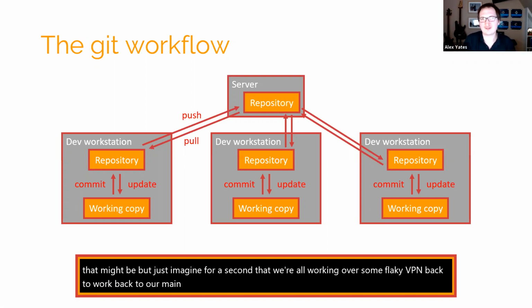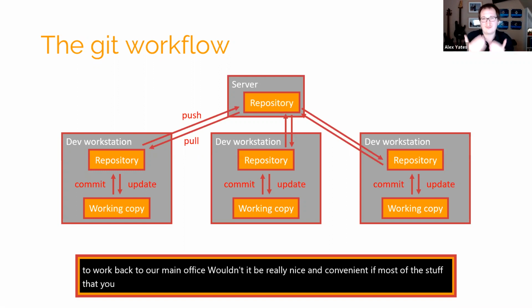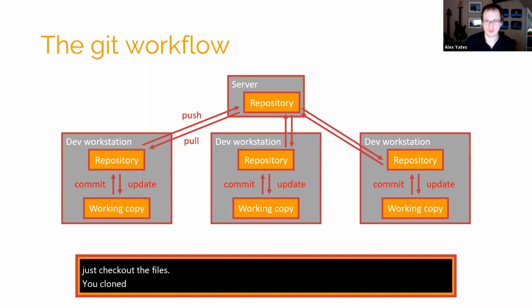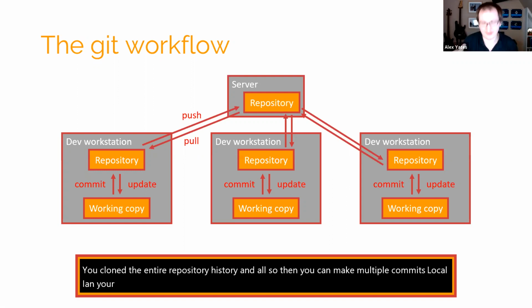Wouldn't it be really nice and convenient if most of the stuff that you need is local? One of the things that Git does that's really nice is you don't just check out the files, you clone the entire repository, history and all. So then you can make multiple commits locally and your latency is practically zero. You don't need to worry about flaky VPNs. You don't need to worry about any of that stuff.